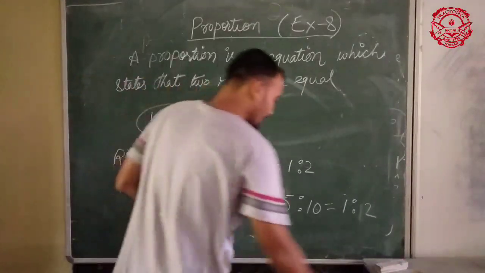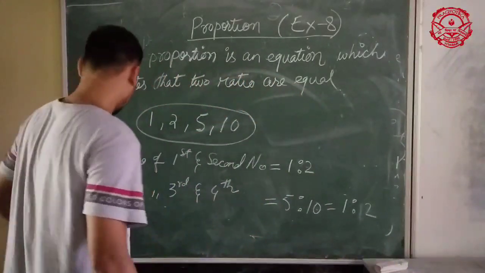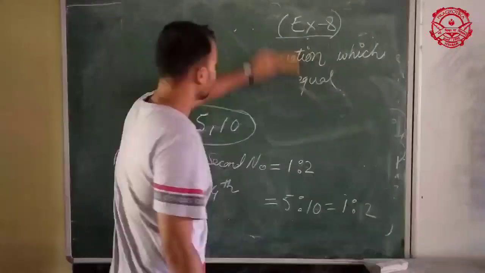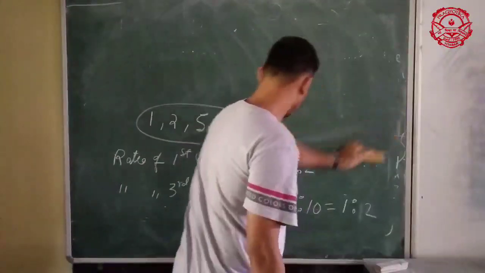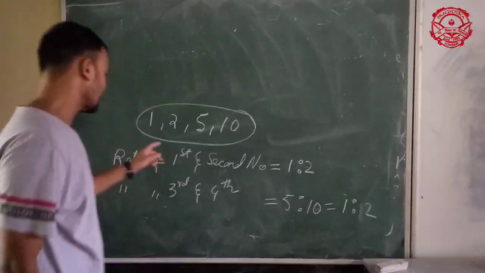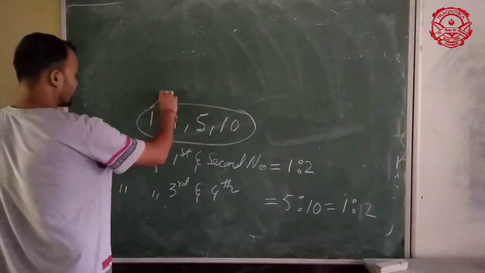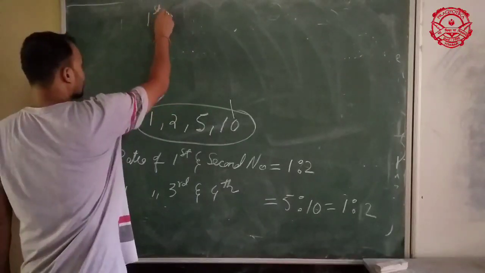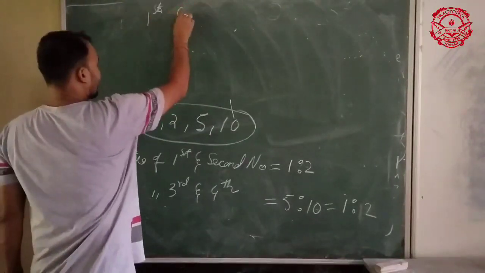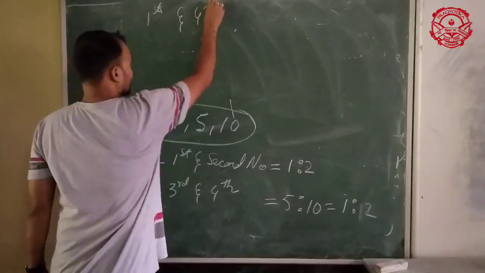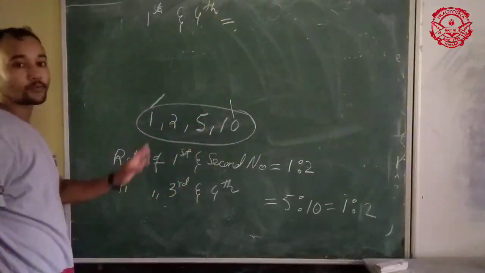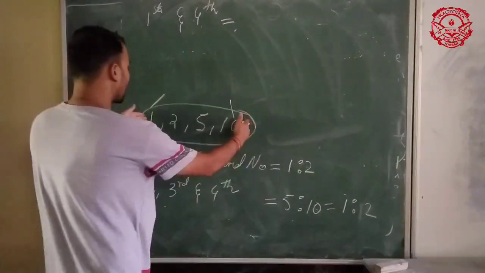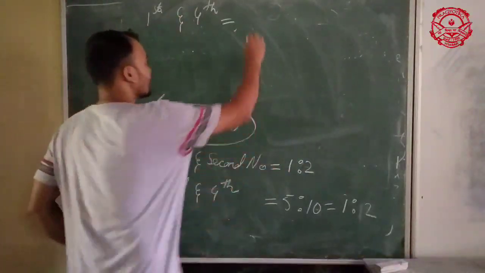Now see, in proportion we should know some terms. Here we have four numbers. The first and fourth are called extremes because they are at the extreme end.